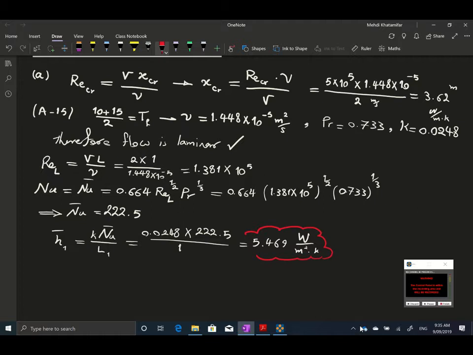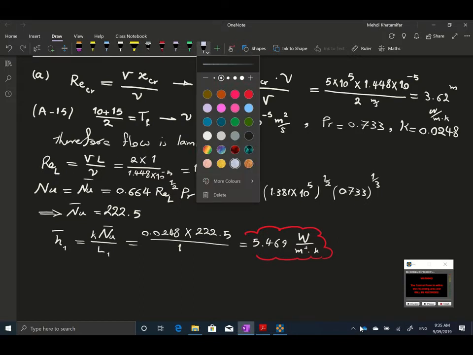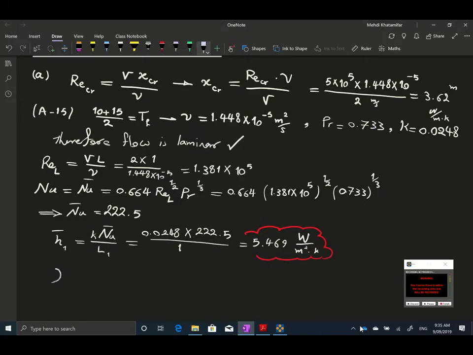Now we have H, we can do whatever we want. So the rest is finding Q dot. So Q dot is H for that one, and we know it's the average, times A times Ts minus T infinity.